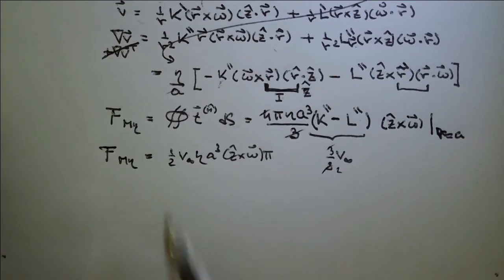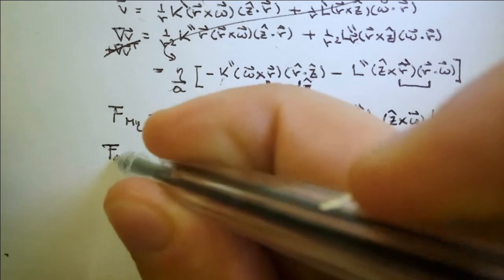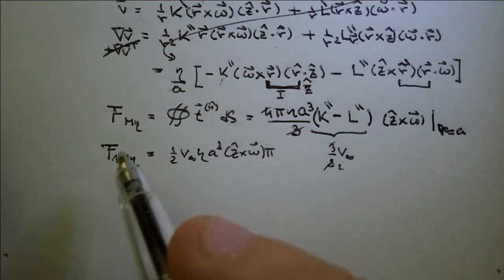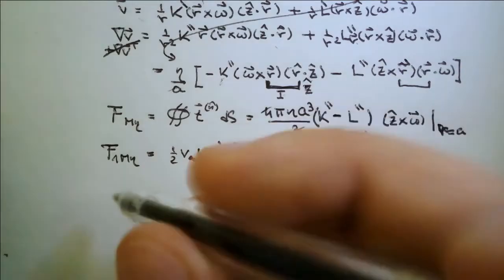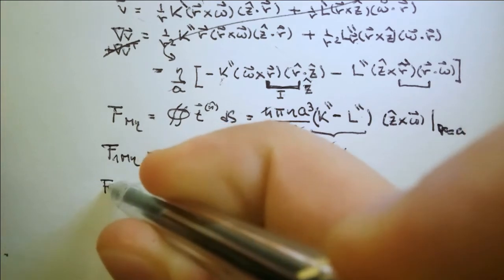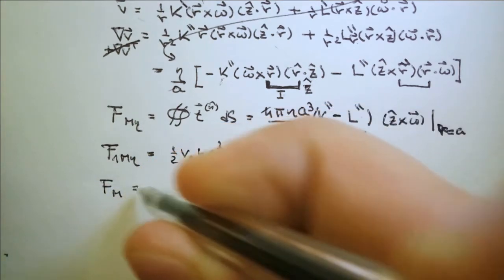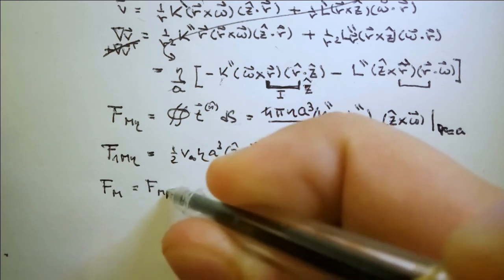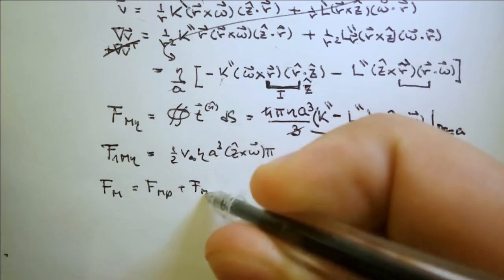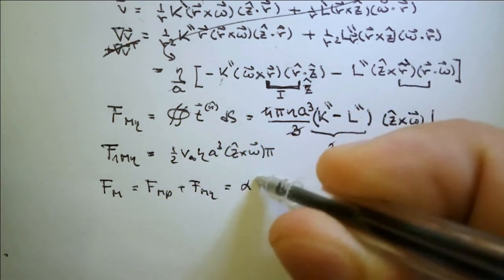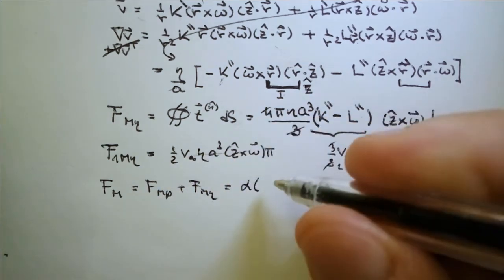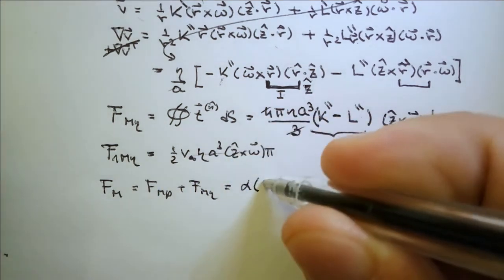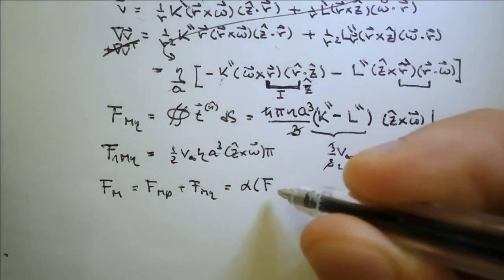So if you sum these together, this again should be 1 here, because you have to multiply it with alpha to get the force. Actual force is f n p plus f n eta, which means alpha times the sum of these two, but these are the same, but I am going to write it anyway.